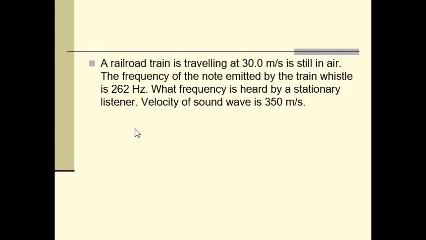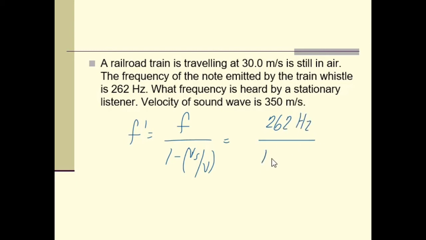So we have frequency prime equals frequency divided by 1 minus the velocity of source over the velocity of sound. Okay? So just substitute, you have 262 Hertz divided by 1 minus the velocity of source, which is 30, then divided by 350 meters per second.